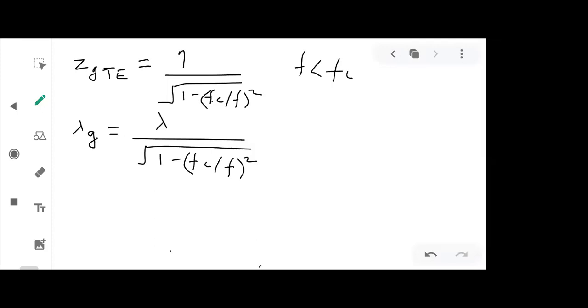So definitely the wavelength inside a waveguide is going to be larger than the wavelength in an unbounded medium. So these are the list of formulas which we have to remember, and based on this only we'll see one problem. So far, if you have any doubt, or if you have not noted down any and you want to know any of the formulas, I can go back. Otherwise, we can move to a problem.